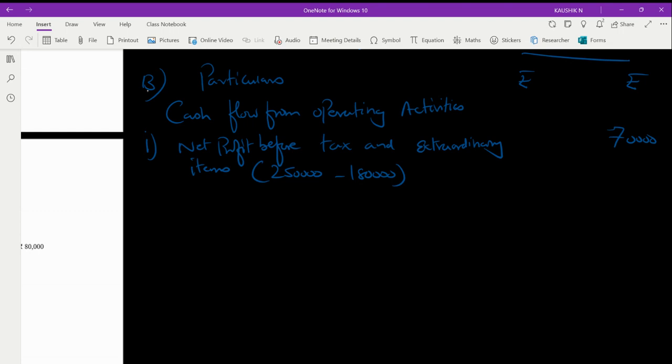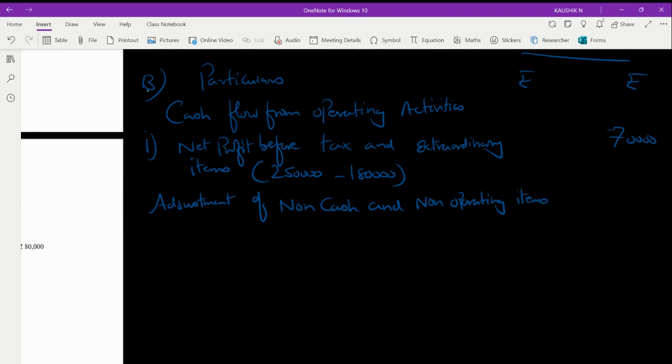Now you just write the heading as adjustment of non-cash and non-operating items.